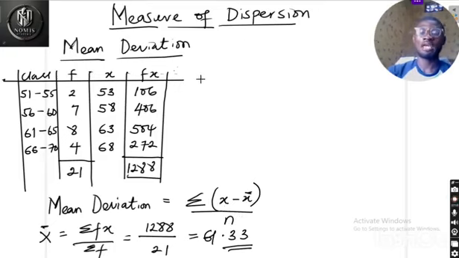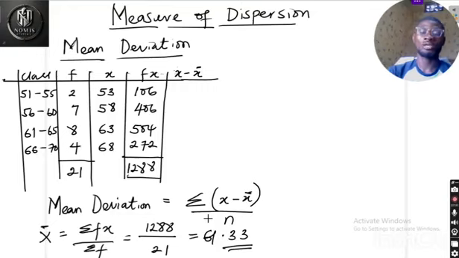So I will need x minus x bar now. So let's enlarge our table. X minus x bar. So what's our x? 53. 53 minus 61.33.